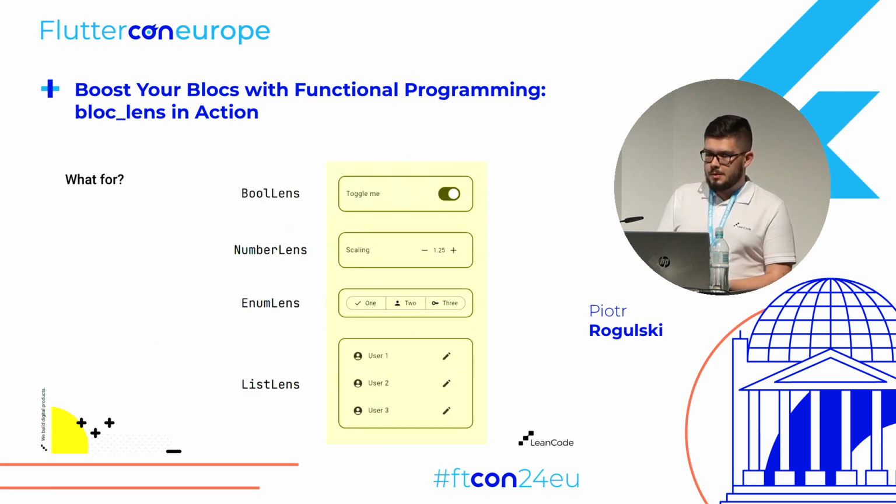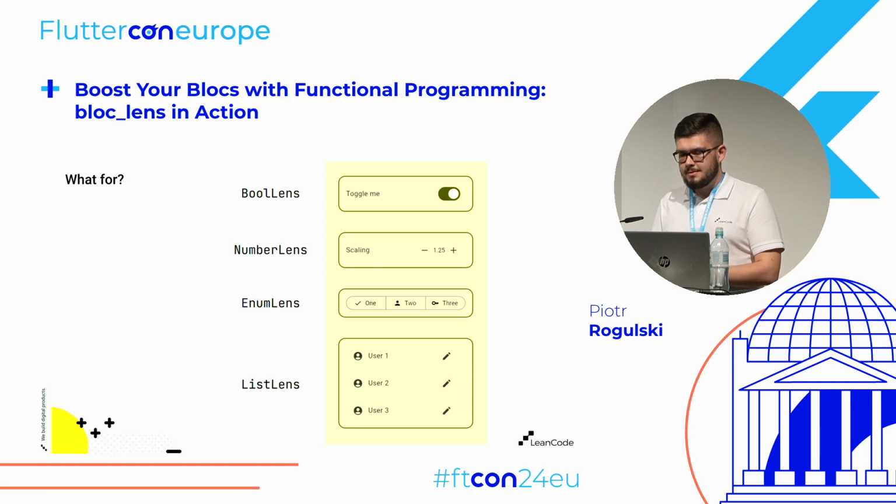So what for? Those are some of the examples of controls that you can build very easily using those lenses. Switches are a prime example because they are for toggling settings. Scaling, like going up and down, these plus minus buttons are for managing numbers, so it's only logical that you would use a number lens.